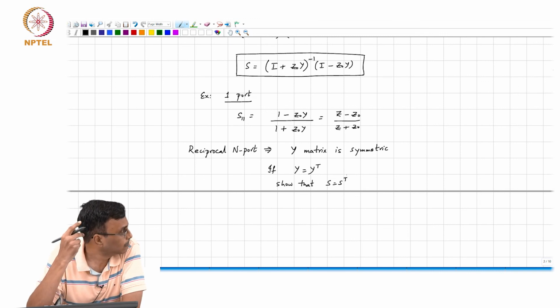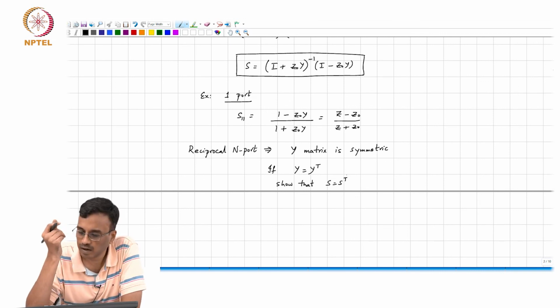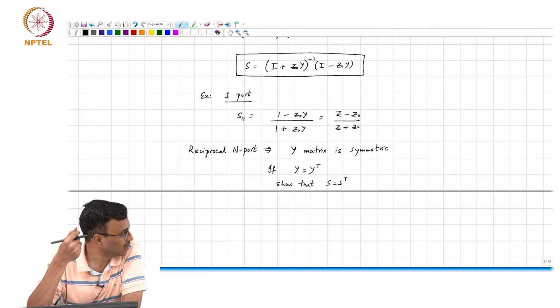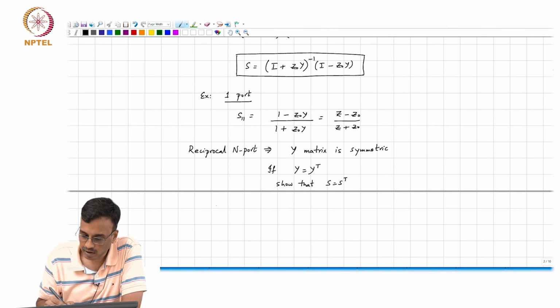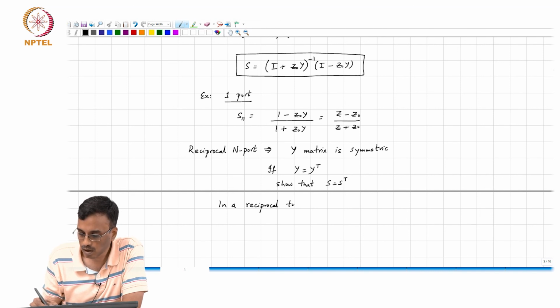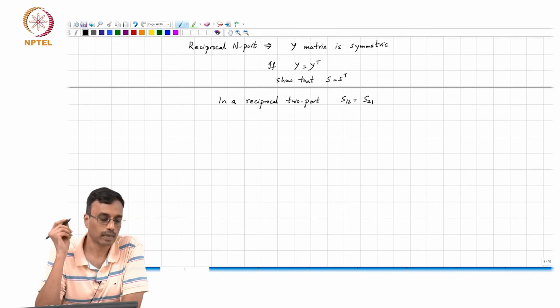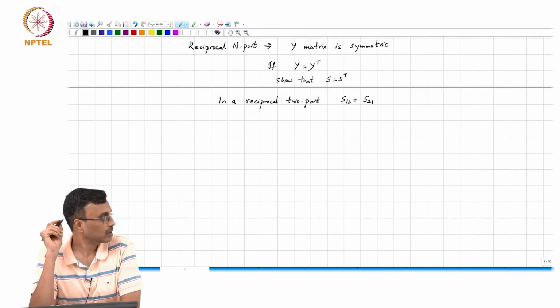So it turns out that in a reciprocal two port, S12 must be equal to S21.